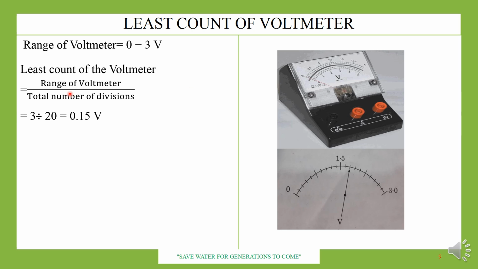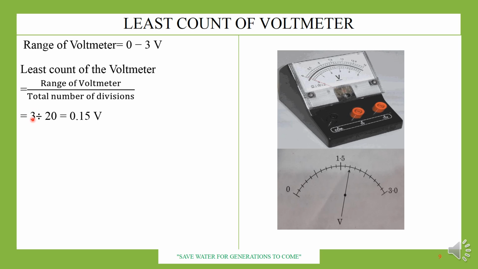So its least count is 3 upon 20, and 3 upon 20, what do we get? 0.15. How to get 0.15? Use simple mathematics. Convert 20 to the nearest 100. We know 20 into 5 is 100, and 5 is also multiplied with this 3.